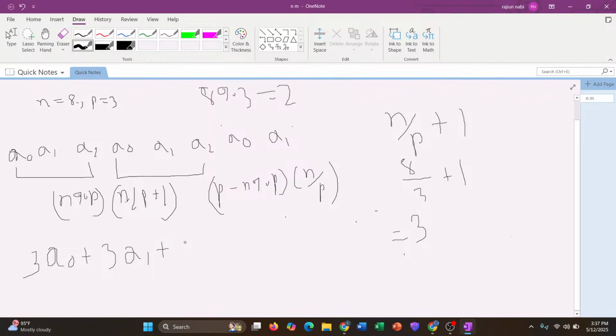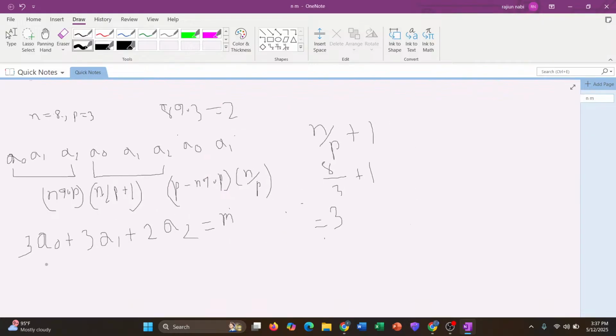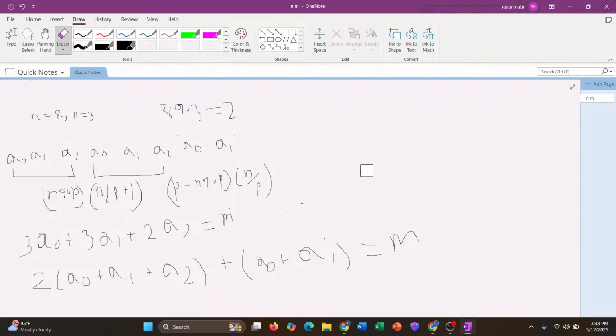Then 2 a2, that's it. It will be equal to m. So if we break it down, 2a0 plus a1 plus a2, then a0 plus a1, it is the same, right? I'm just dividing.